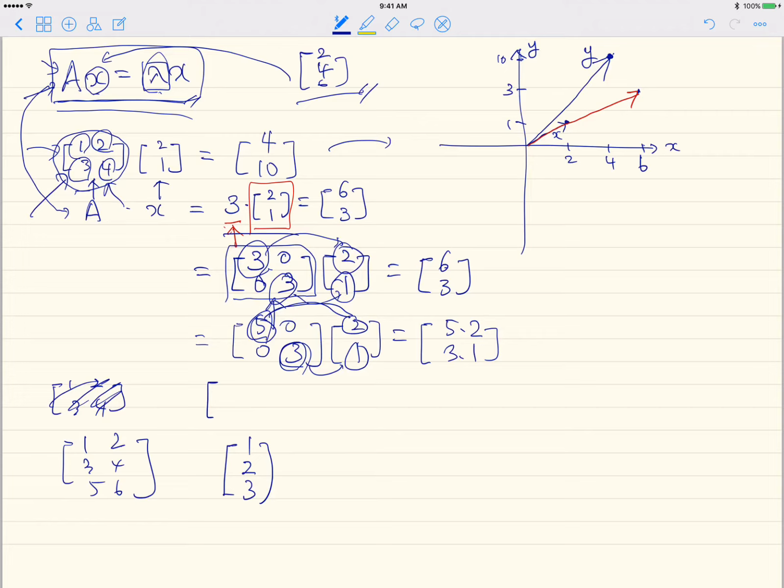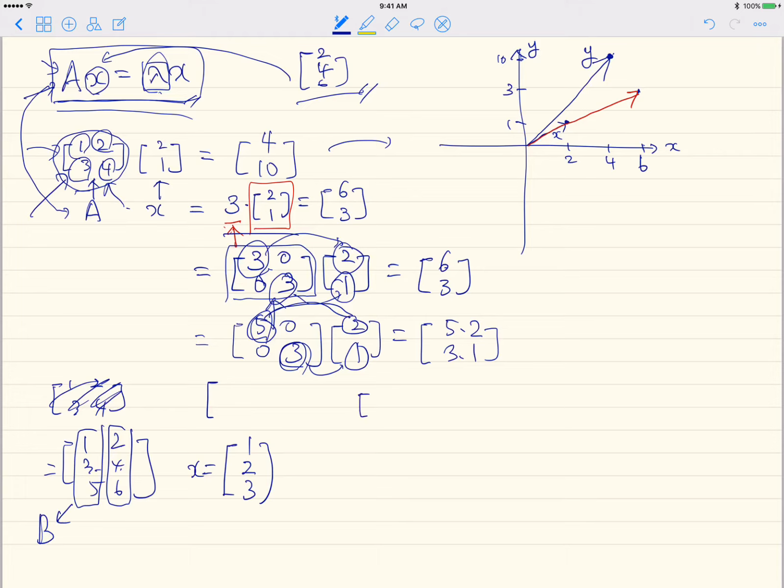So this is a vector x, and this is our matrix A. But let's consider that as a basis that has these two basis vectors. Let's call that B, meaning it's a basis.